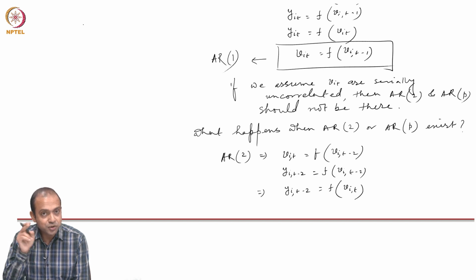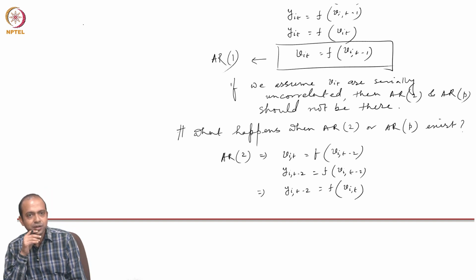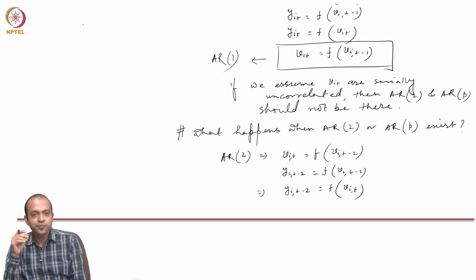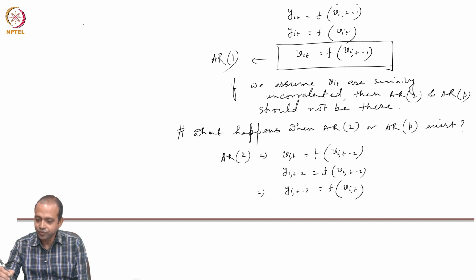If AR1 is not there, that means equivalently we are saying that there is actually no need of estimating a dynamic panel data model, because there is no importance of Y_{i,t-1}. That is why by construction AR1 must be there, but AR2 should not be there.